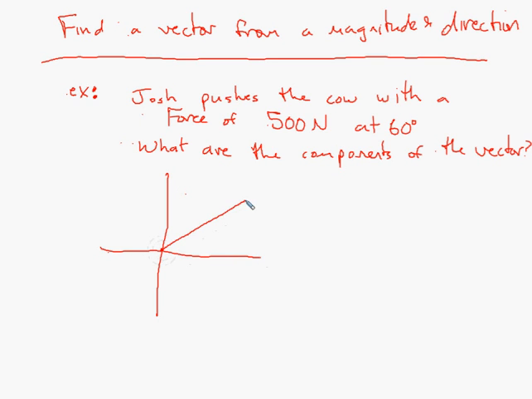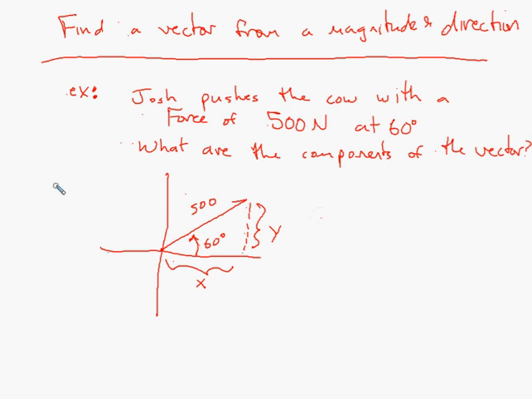And here's our 500 Newton force. So now we know the hypotenuse of our triangle. And we're at 60 degrees. So here's our 60 degrees. Do you see how I'm setting this up? And now it looks like a triangle. And what I need to find is this x right here and this y right here, right?